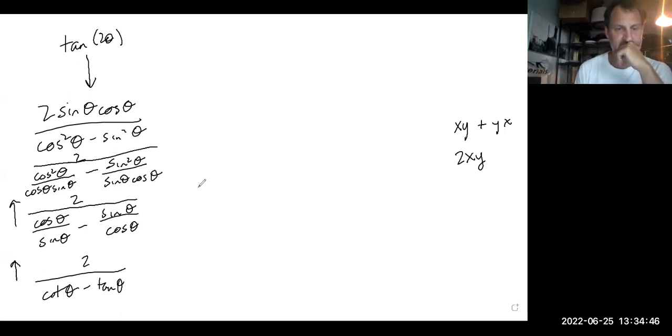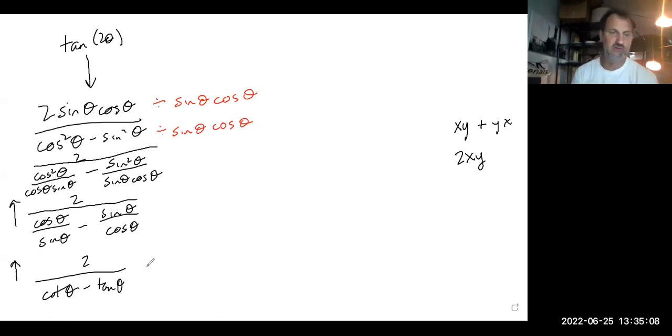Yeah, and I think we're there basically, because at this point you can see that if I divide the top and the bottom by sine theta cosine theta, that'll leave me with 2 on the top. It'll give me these 2 fractions on the bottom, which then can simplify down to cosine over sine and sine over cosine, and then you get 2 over cotangent theta minus tan theta.